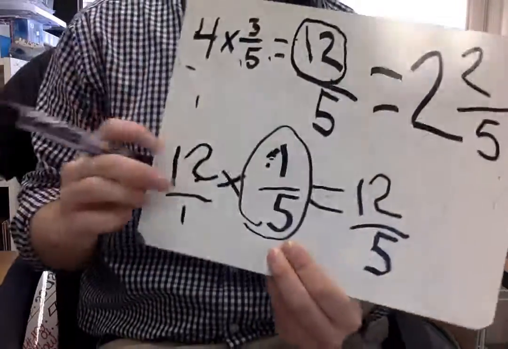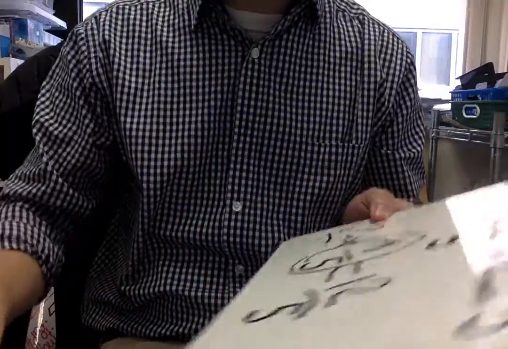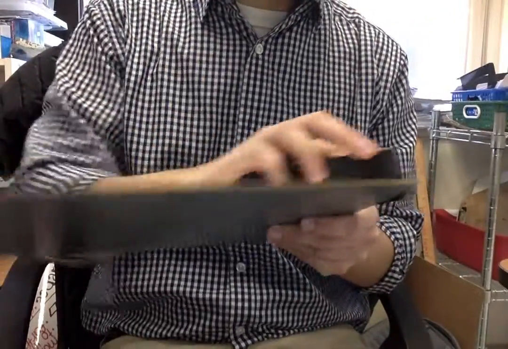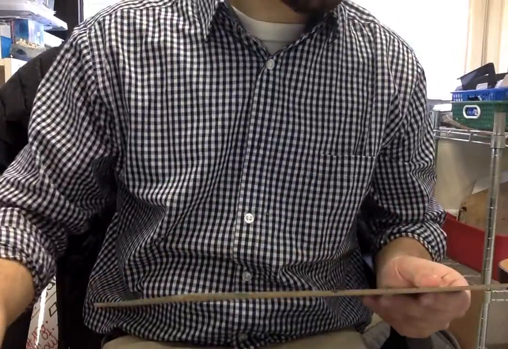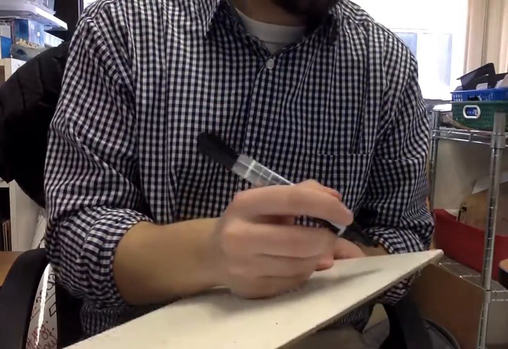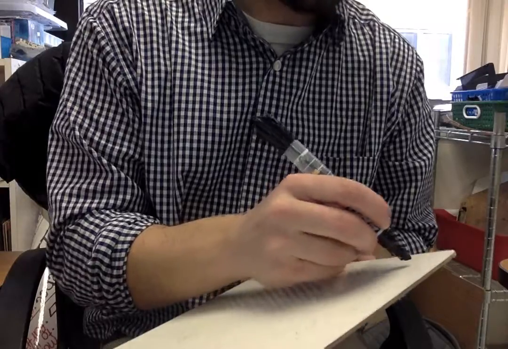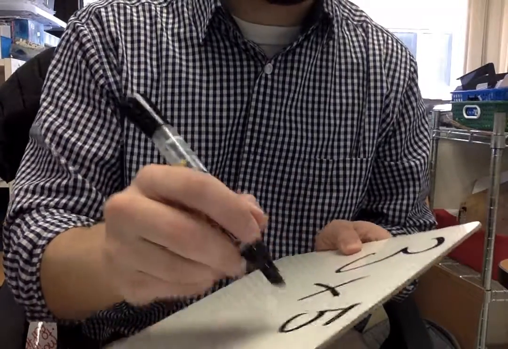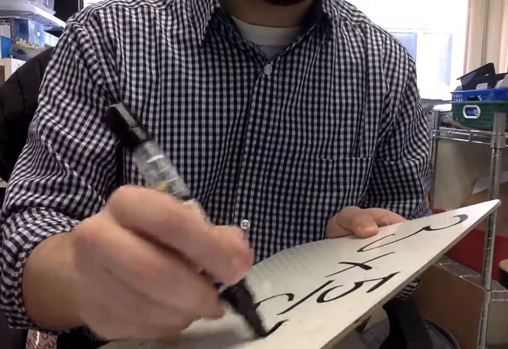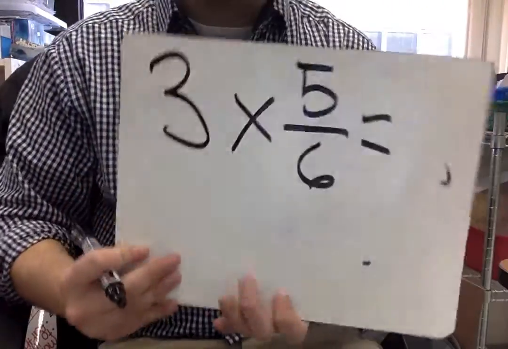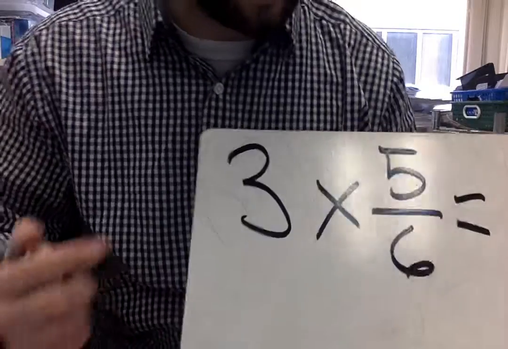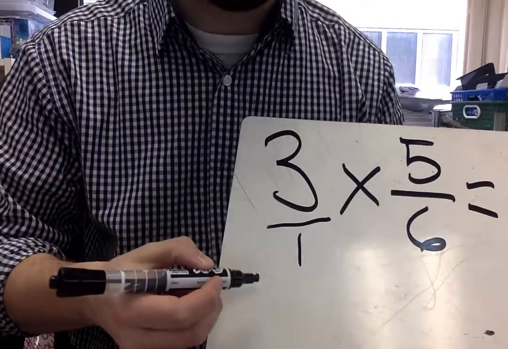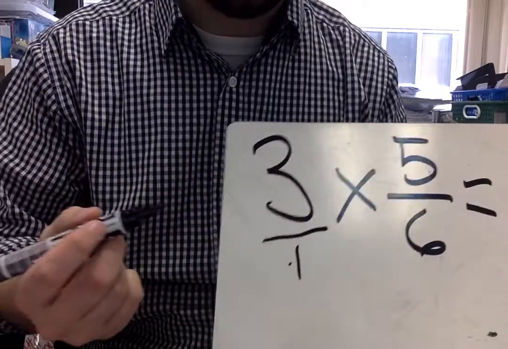I'm going to do one more example before you try on your own. Let's do 3 multiplied by 5/6. We're not going to put it into the repeated addition way, but I can see that I have my secret agent 1 below my whole number because 1 goes into 3 three times.